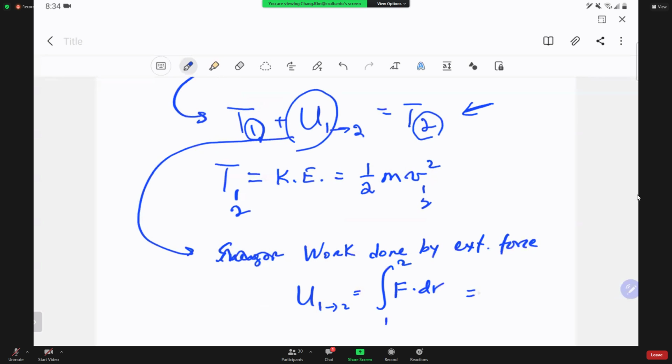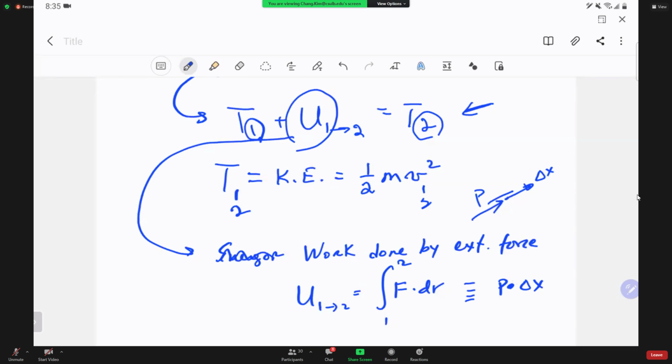If the force is a constant, and the force and the displacement directions are collinear, which means if I push it this way, going along that direction, then the angle between the position vector and the force vector is 0. So there is a dot product.